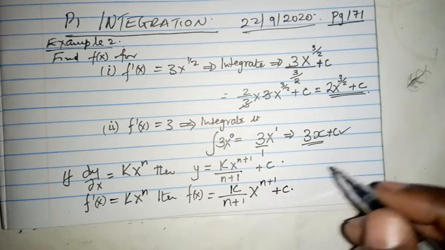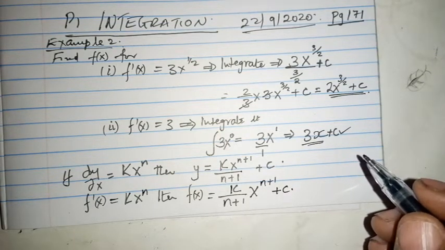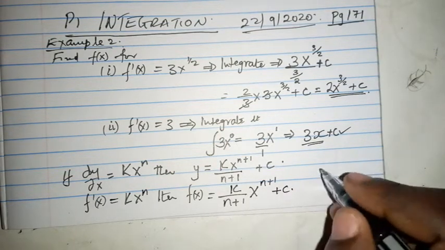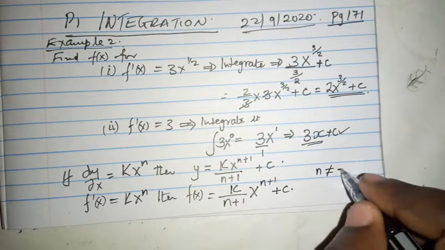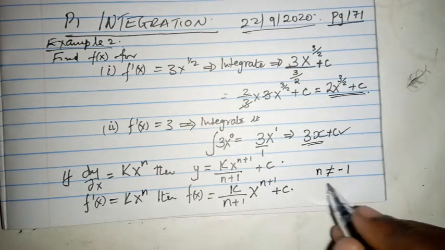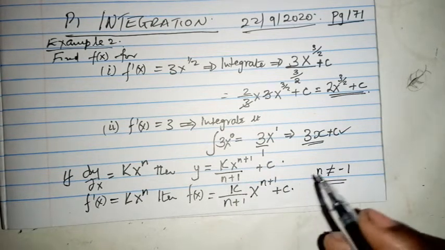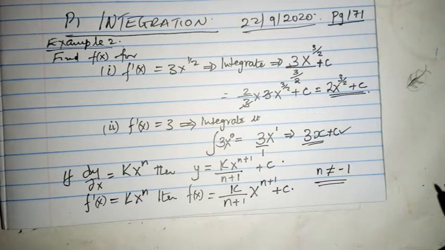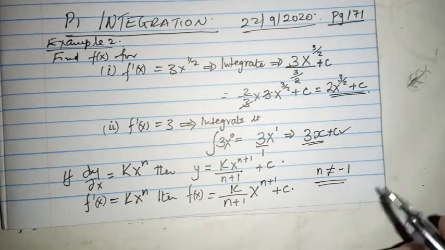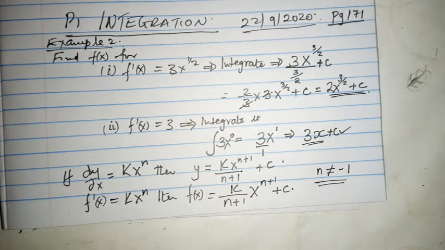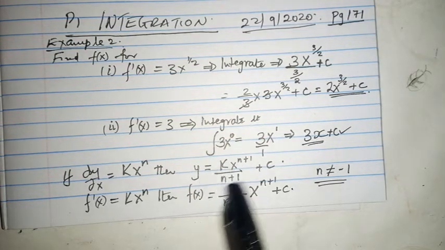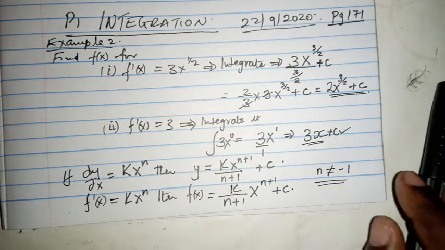It's one and the same thing. And of course, please note, n is not expected to be -1, because if it is, it nullifies the denominator, and the whole expression becomes undefined, because any number divided by 0 is not defined.